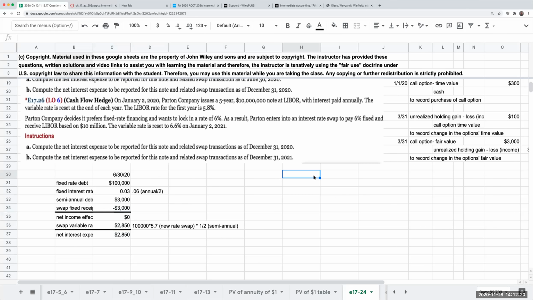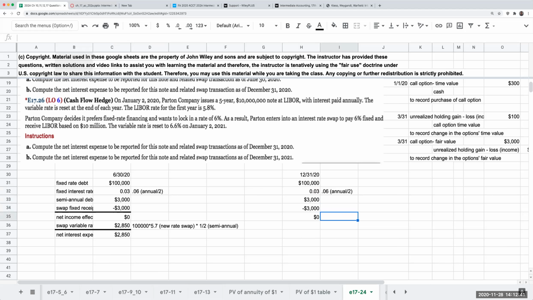Now, when I get to the next 6 months, the fixed rate debt and the fixed interest rate, somebody else is handling all of this part over here, right? And again, this is kind of the same deal. Somebody else is assuming this.